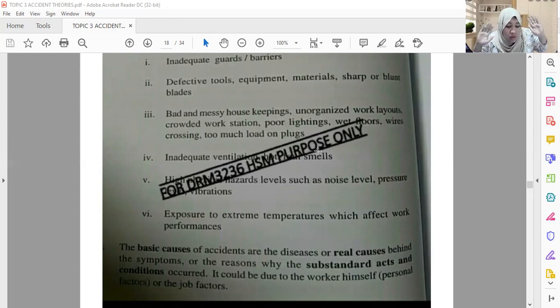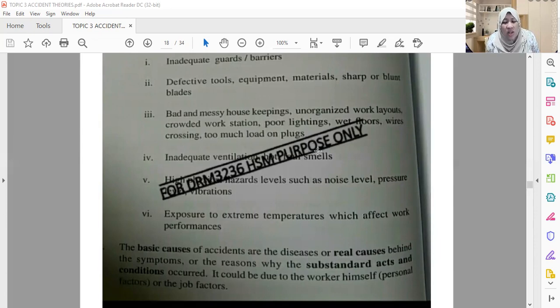Ear plug ni macam untuk kita tutup lah, memanglah kita guna ear plug tu kita tak boleh dengar. But we take care of our ears. Because when you work in a very noisy place, too much noise levels, you probably become tak dengar tu lah. Okay. When people talk to you in a slow voice, you don't even hear that. Okay. And then pressure levels and also vibrations.